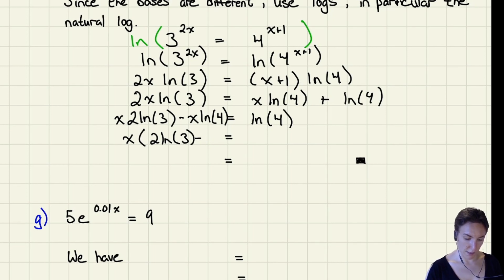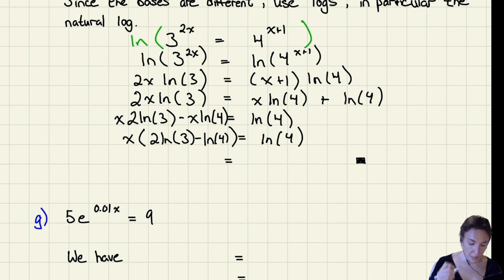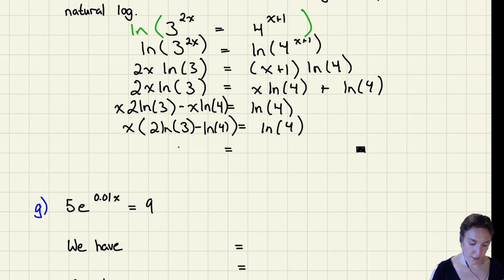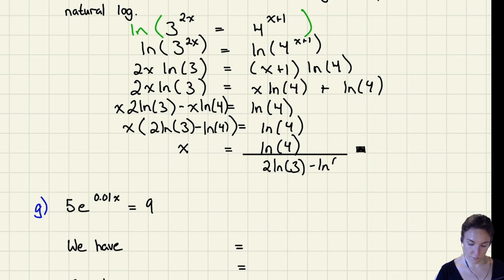Sorry, I'm going to move my minus sign because my writing is getting messier. Ln 4 is equal to ln 4. And now I just have to divide. So I isolate for my x, and I do so by dividing ln 4 by this big number in brackets that looks absolutely beautiful. And that is sarcasm.